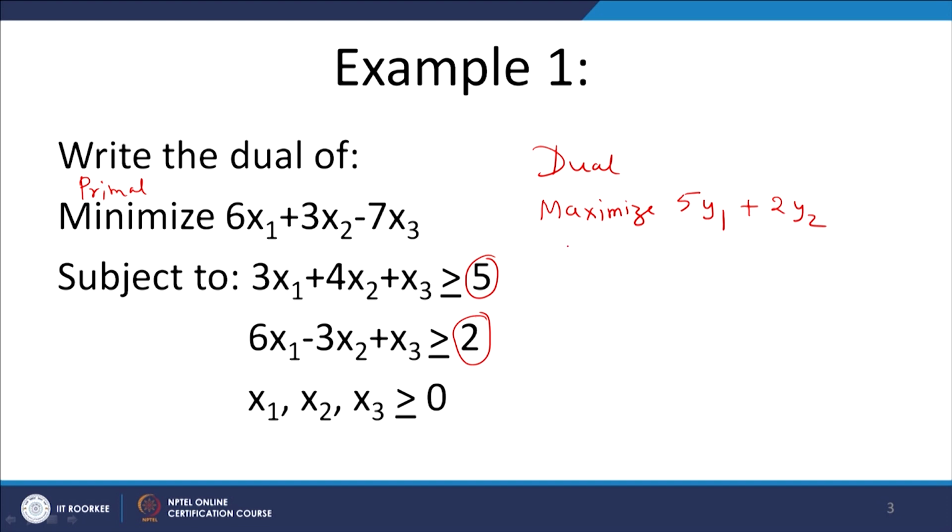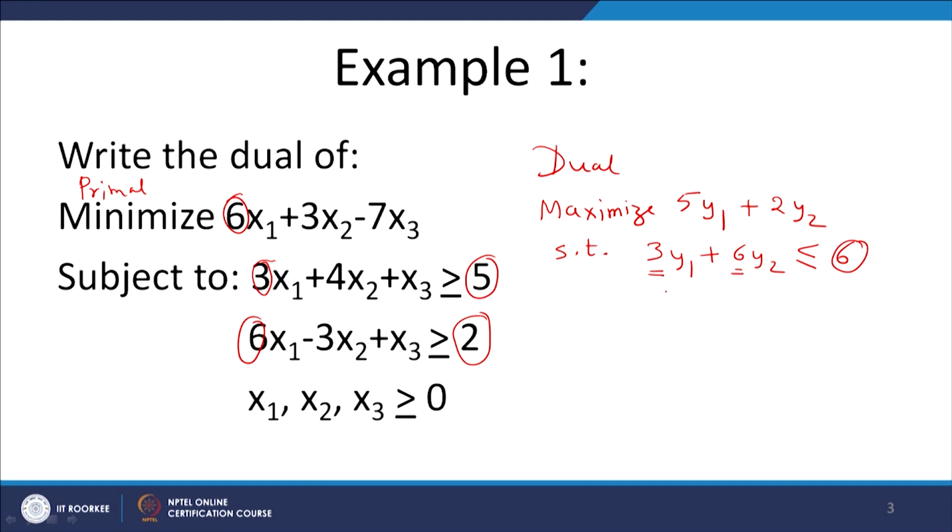Now, we need to write the constraints. The constraints are 3y1 plus 6y2 less than or equal to 6. How did this come? This 3 corresponds to this 3 and this 6 corresponds to this 6, and the right hand side is nothing but the cost coefficient of the first variable of the primal.